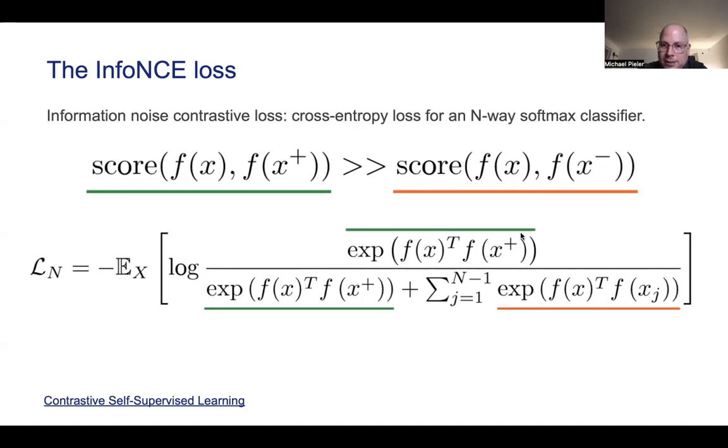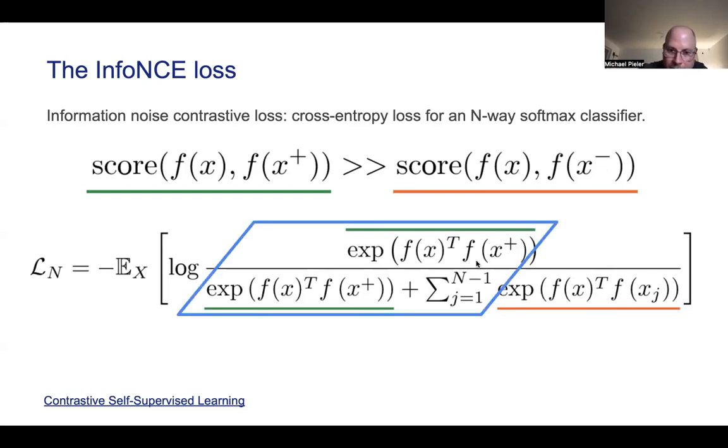The green part is where similar images are pushed together and dissimilar ones are pushed away. Usually the scoring function here is the dot product.